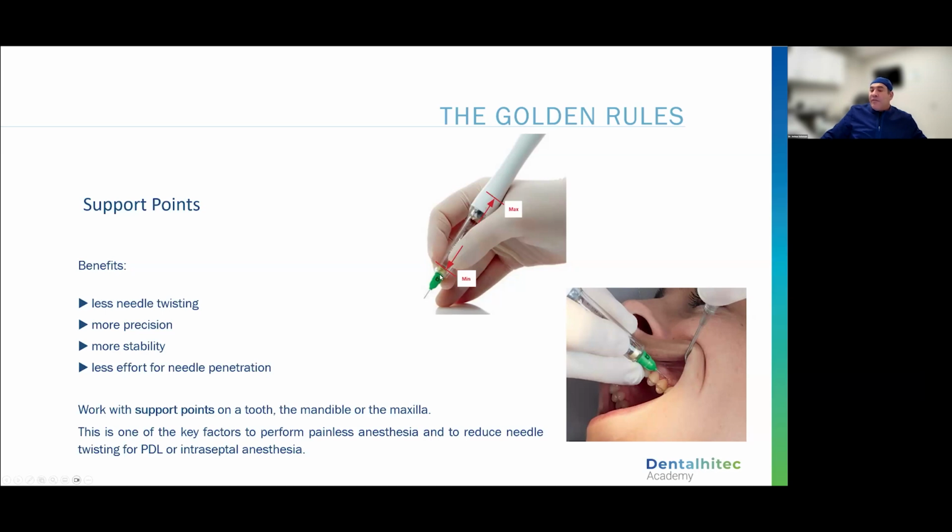Then number 2, it's finger position. In the video at the very beginning that Dr. Bond shot for us, it's a beautiful example, but if you notice, he didn't have his finger resting on the teeth. He did that because it would have been in the way of the video. But when you give these injections, I want you to make sure that you have a finger actually resting on the teeth. The reason for that is as you pass through the cortical plate, you need to have directed force actually parallel to the needle.